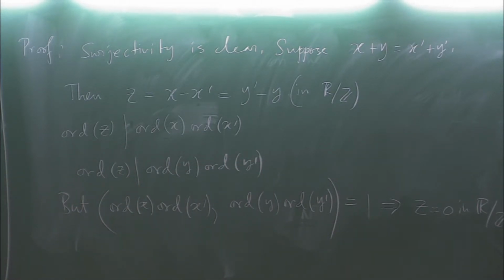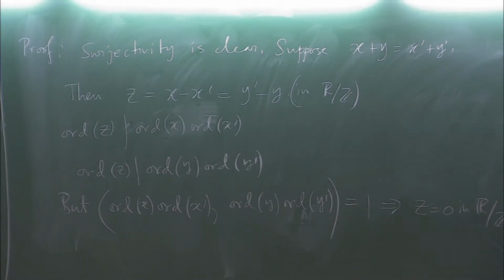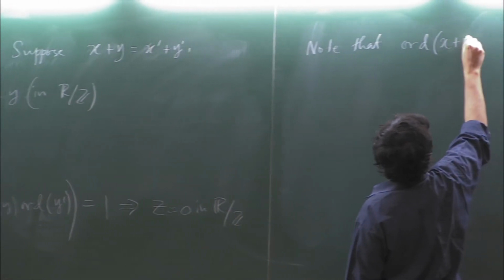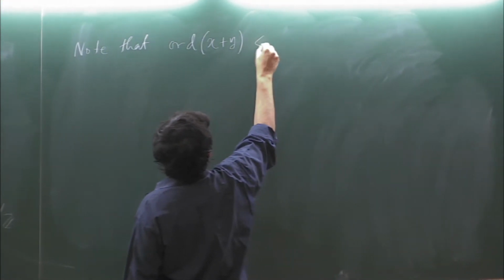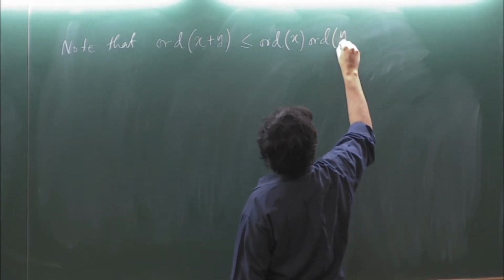So I have a set of points x plus y in the circle R mod Z, and now I will show that the gap between two points is at least 1 by n, and that's again a similar kind of argument. Note that the order of x plus y is bounded by order of x times order of y, right?